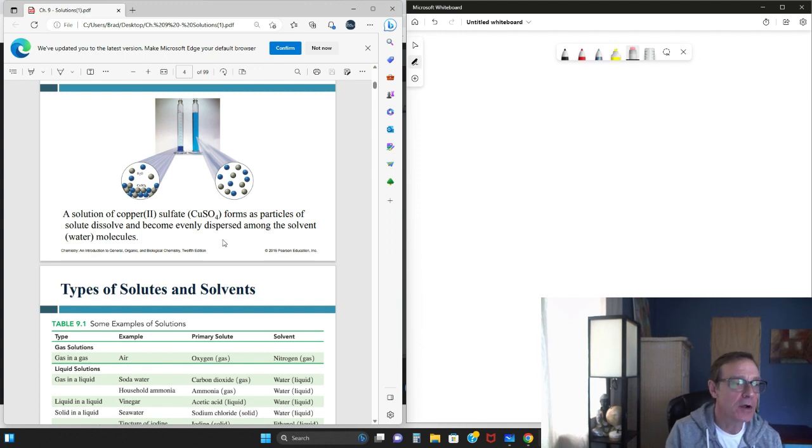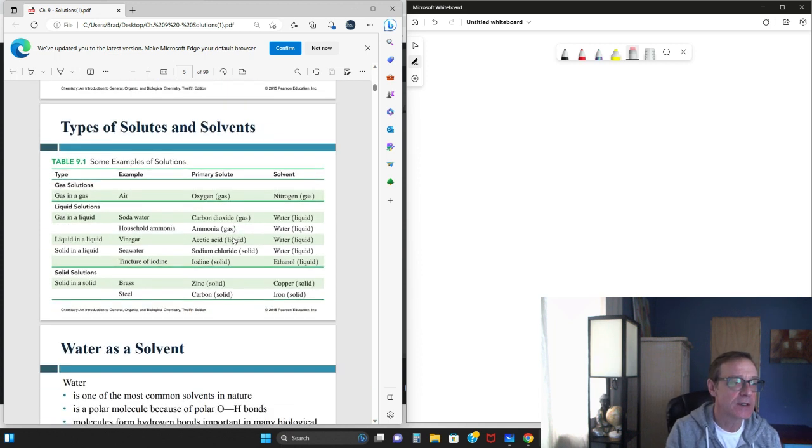They give an example here of copper sulfate. That's copper 2 in this case. The copper sulfate will dissolve in the water, which is the solvent. Water is the universal solvent on our planet, but all kinds of things can be solvents.